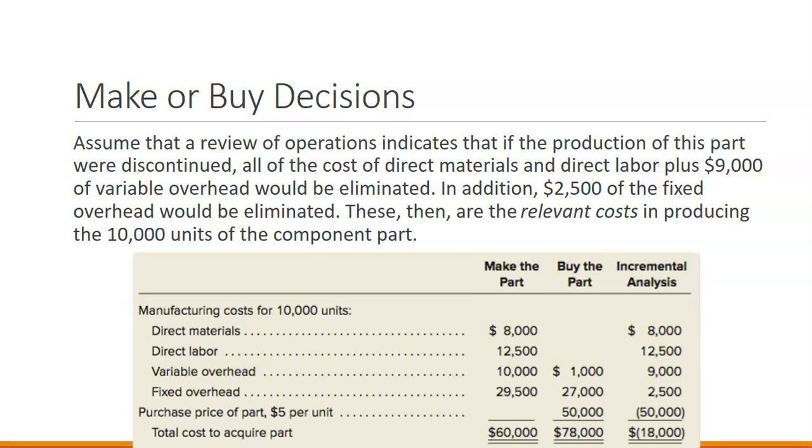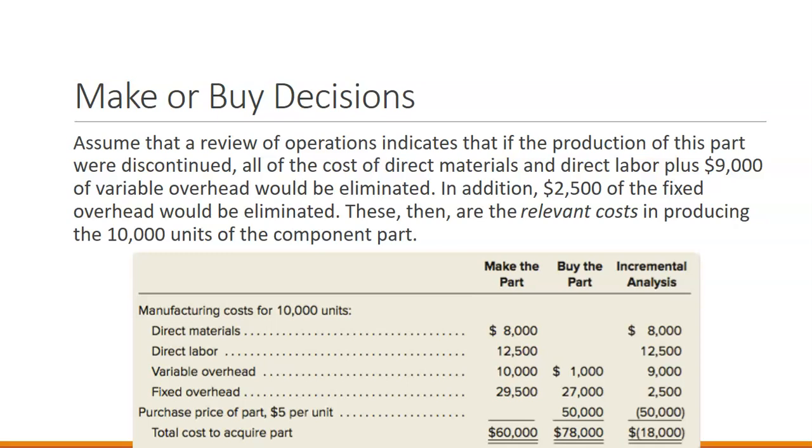If we buy the part, we would be able to save all of the direct materials and direct labor, but we would still have some of the variable overhead costs and a significant portion of the fixed overhead costs. Therefore, we would have to purchase the part for $5 per unit. So we're paying the fixed costs still, and then paying additional money to purchase the part.